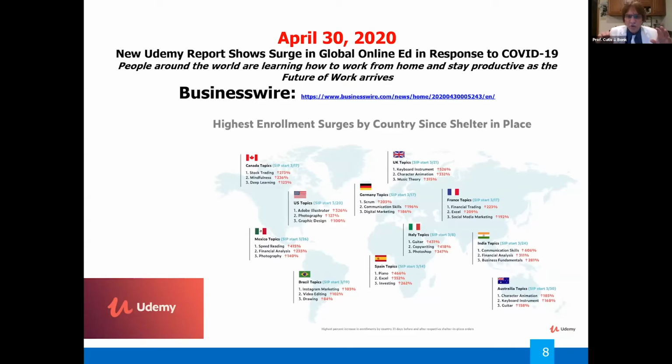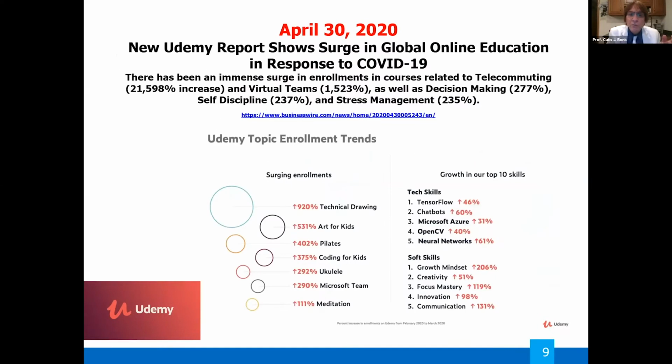So the next set of data comes from Udemy. Udemy's out of San Francisco, and they've seen a huge growth of people participating from Canada, Mexico, Brazil, Australia, India, Italy, you name it, and you've got the numbers there. They're taking courses in piano, in playing guitar, but also in financial analysis, in Excel, in keyboarding, in stock trading, all sorts of serious topics as well.